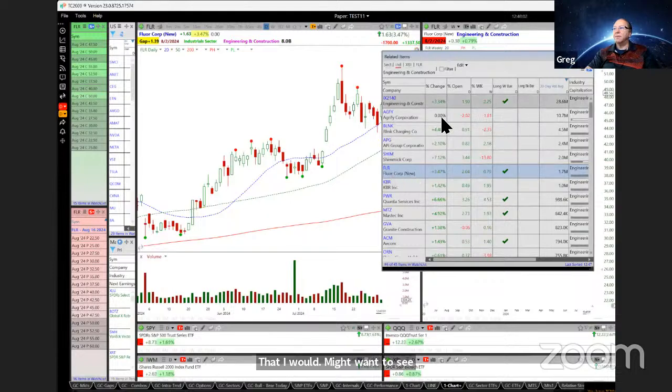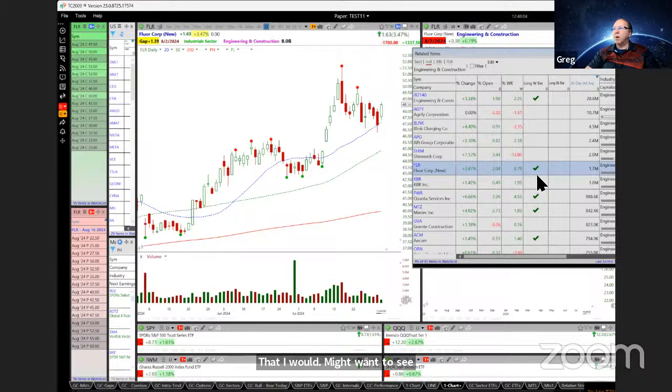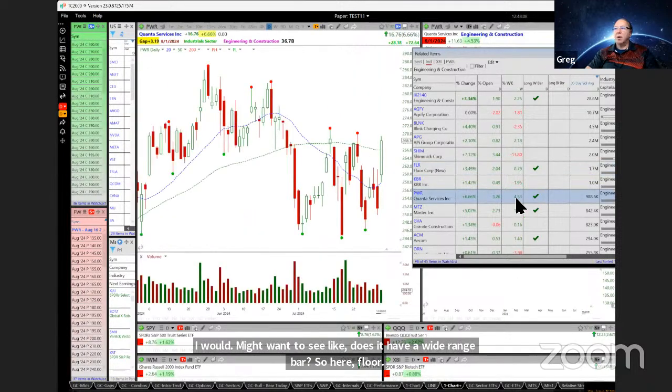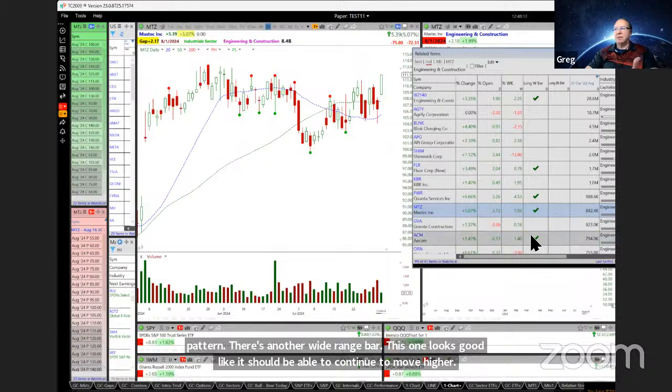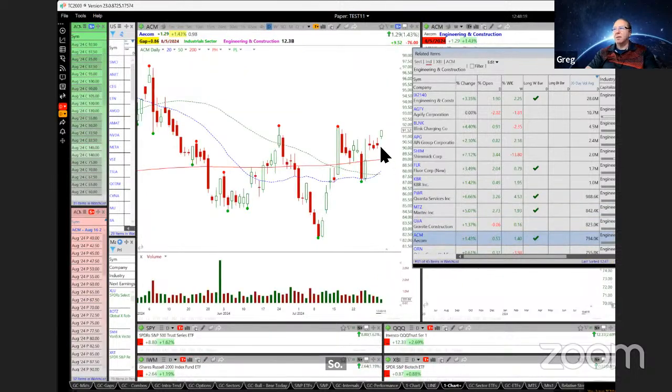So here, FLR is marked with a check mark that it has a wide range bar. This one has a wide range bar, but it's a different pattern. There's another wide range bar. This one looks good, like it should be able to continue to move higher. So the scans put us in the ballpark. This is just wide range bars. There's another decent look. It went down and it went up and it's consolidating. Looks like it should be able to go up.